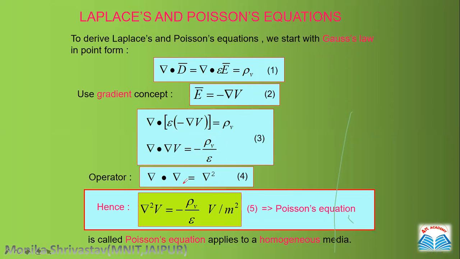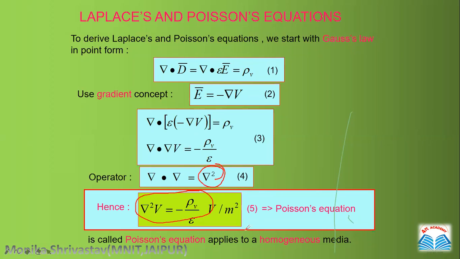This is del dot del, which is del square, an operator which is called the Laplacian operator. Thus we are getting equation number 5, which is del squared V equals minus rho v over epsilon volt per meter square. It is V per m square, and this equation is Poisson's equation. Okay, this equation is Poisson's equation, but this del square is the Laplacian operator.